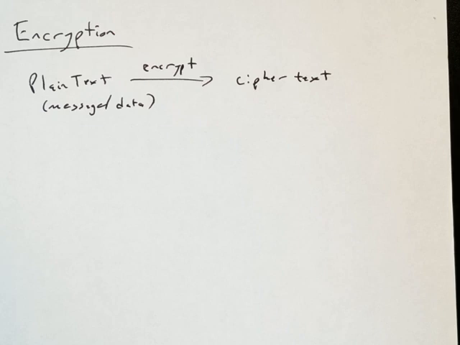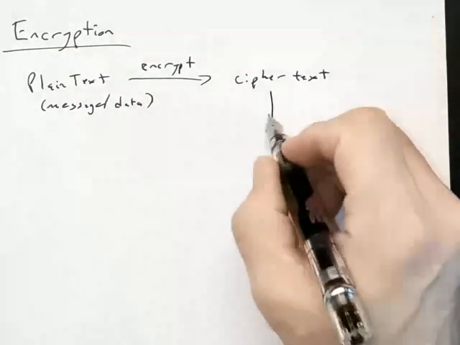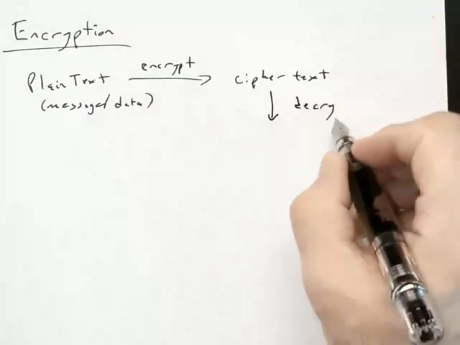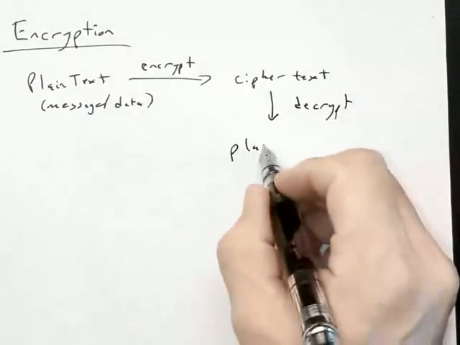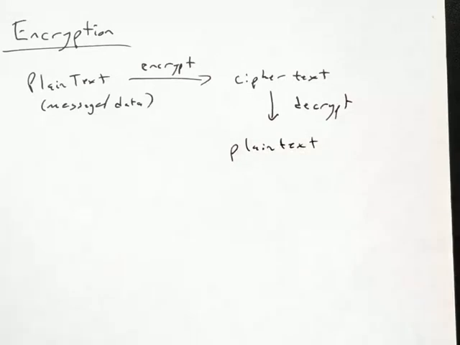If I then need that information or change it or do something with it, I need to decrypt it to get back the plain text. So whatever method or function I'm using to do my encryption needs to be invertible.